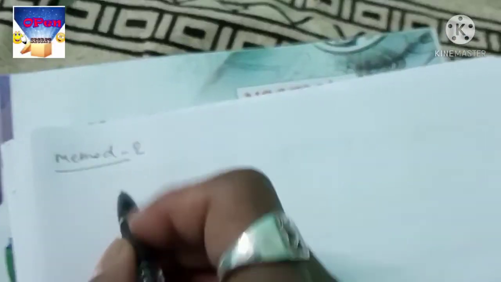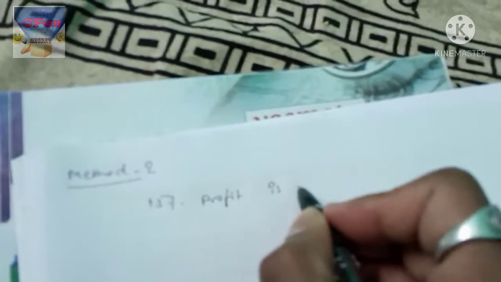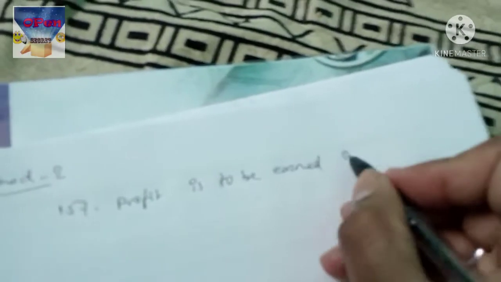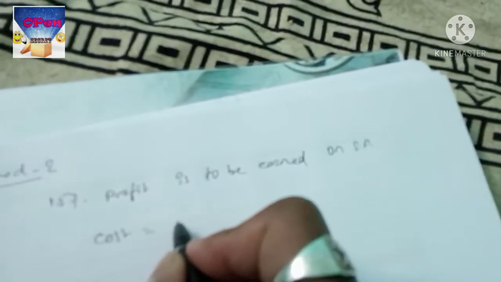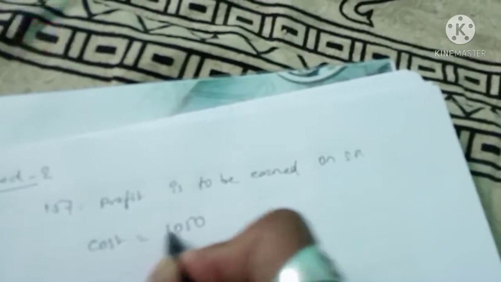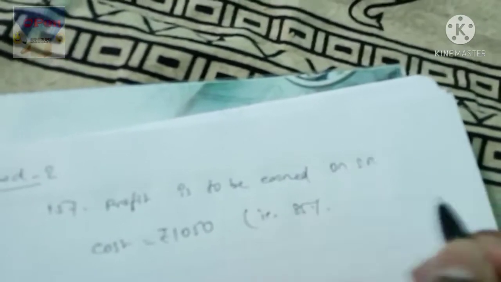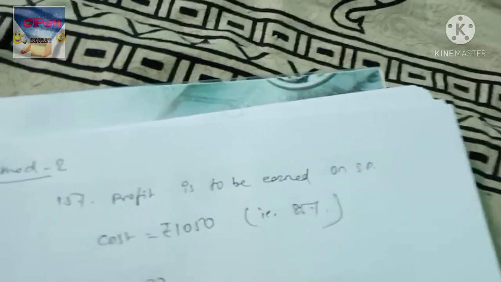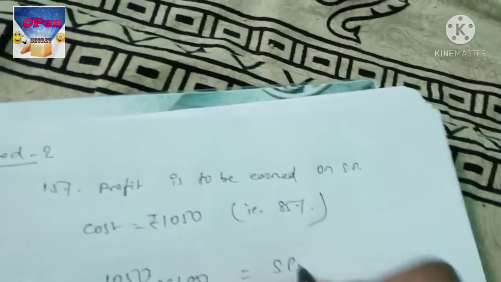Method 2, we can calculate like this: if a 15% profit is to be earned on selling price, then the cost, that is 1050 rupees, is 85%. So 1050 divided by 85 into 100 is equal to the selling price.